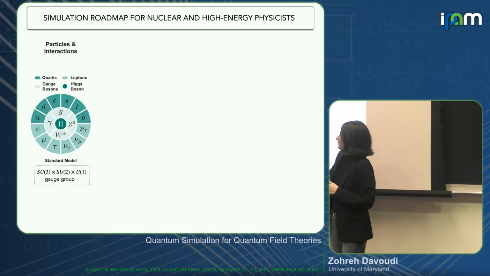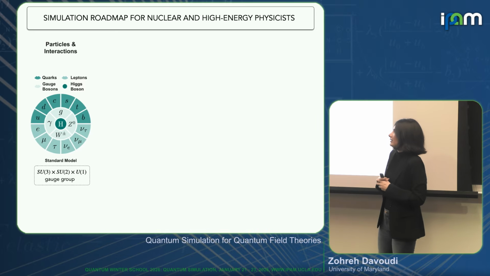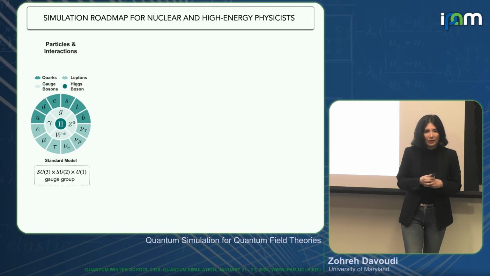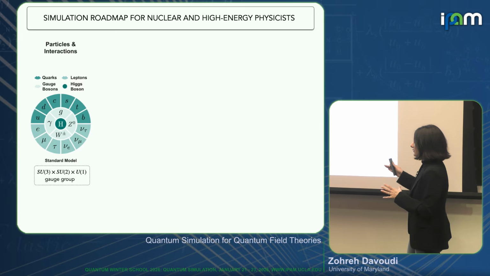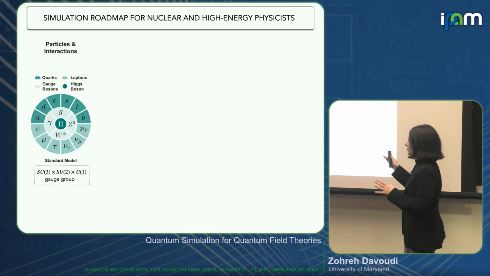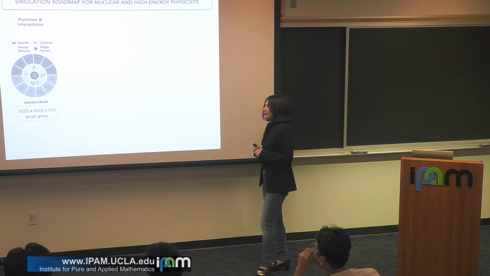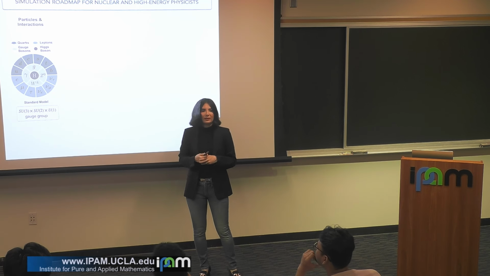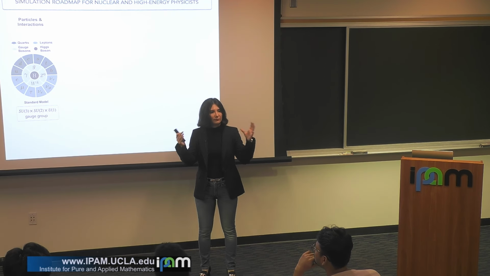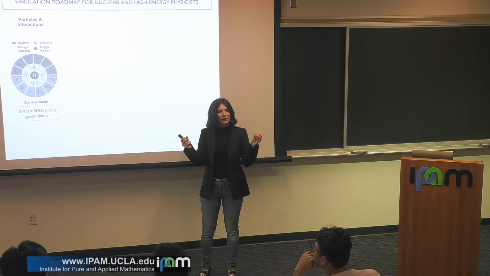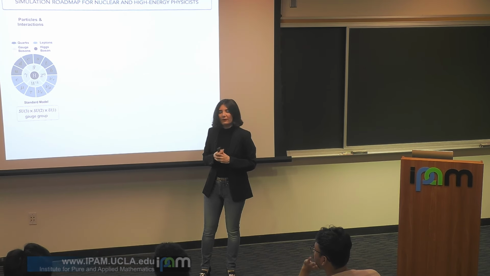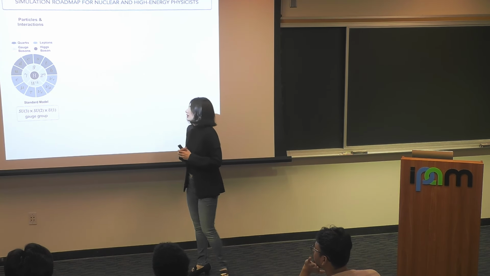As I said, at a very fundamental level, we know that particles and forces in nature are described by a beautiful mathematical framework called the standard model of particle physics. It took many, many decades of both theory and experimental work to be able to realize what is really at the most fundamental level, constituting the fundamental structure of matter.